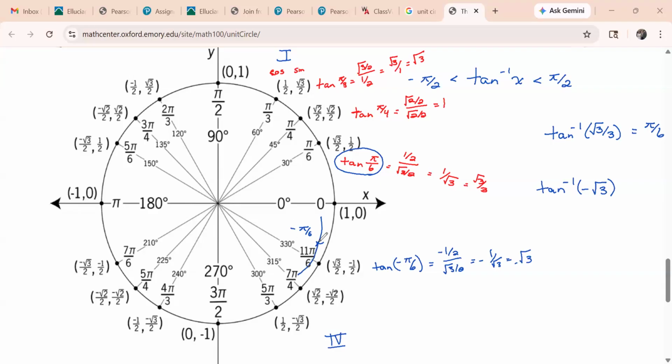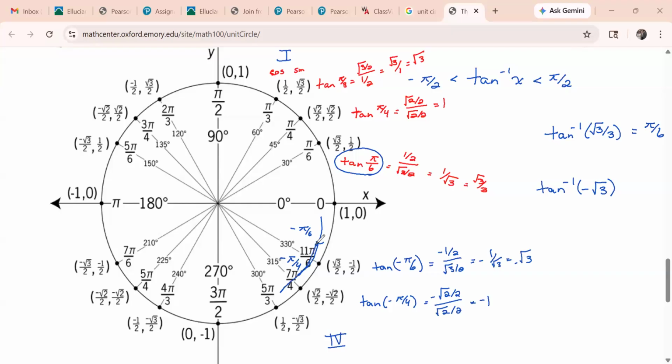Here, if I kept going, this is going to be not 11 pi over 6, but negative pi over 4. So tangent of negative pi over 4 is going to be negative square root of 2 over 2 divided by square root of 2 over 2, which is going to be negative 1.